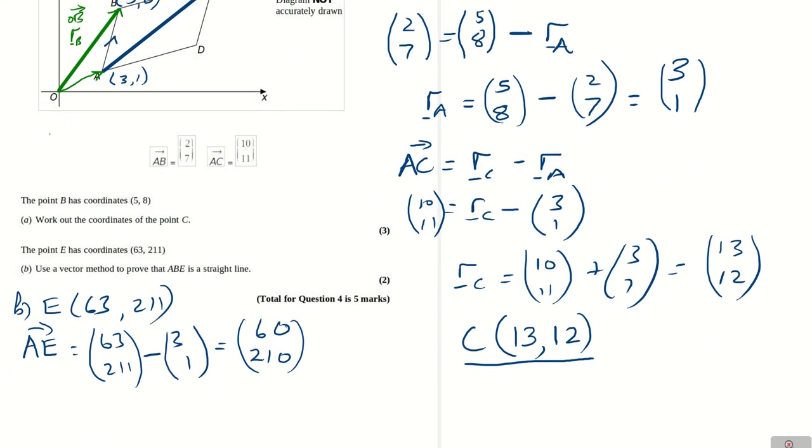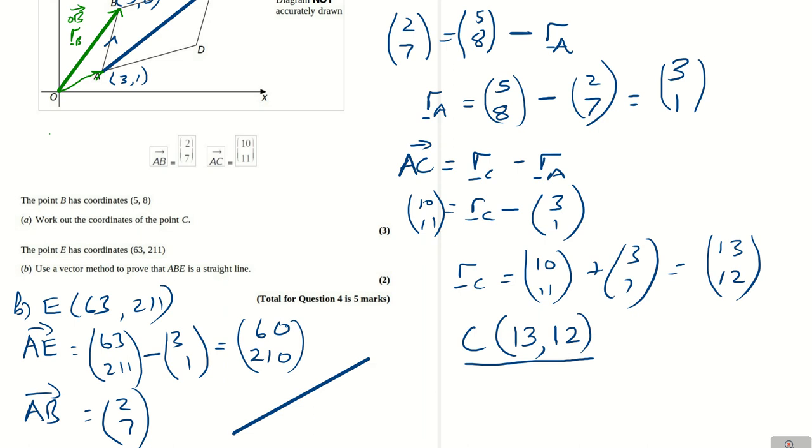Okay. Now, if we now think about the vector AB, the vector AB, it tells us, is (2, 7). So if I do a sketch, imagine this situation.